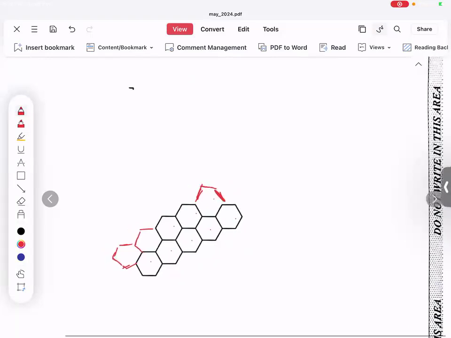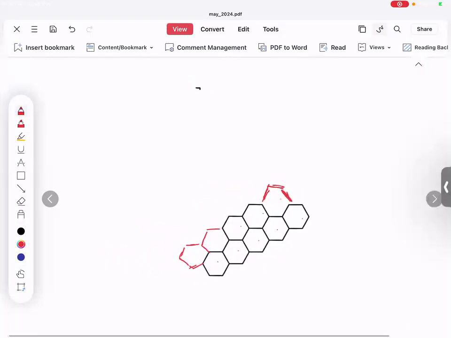So we draw it here. I don't know what's wrong with my screen, guys. That's my hexagon. So we need another one here. Something like that, guys.